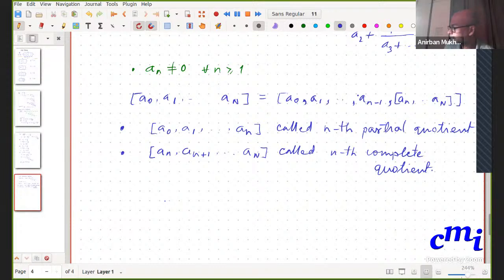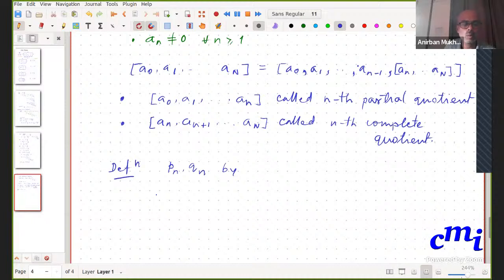Now let's define this. Define a series of numbers Pn and Qn for n greater than or equal to 0, for all whole numbers.